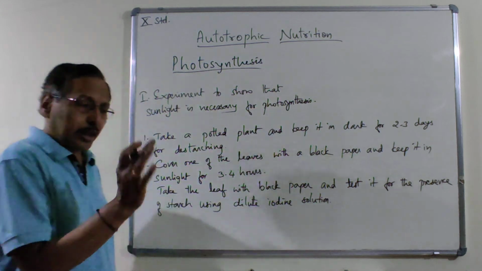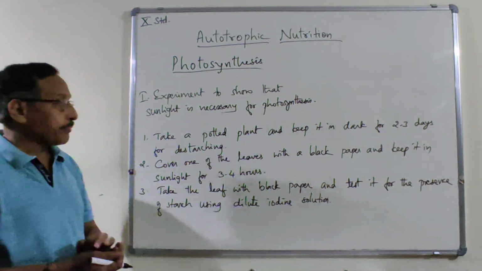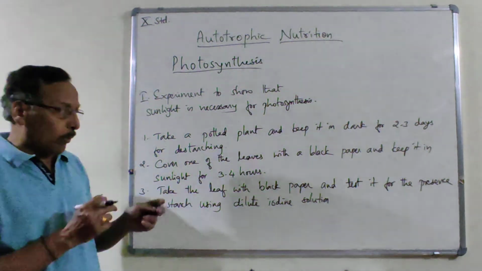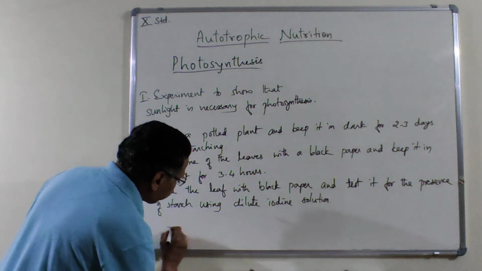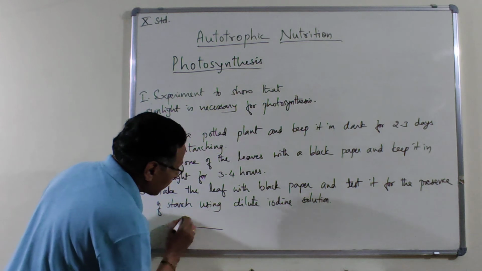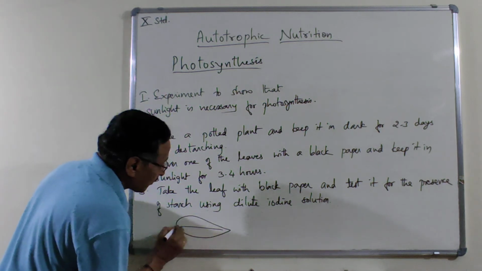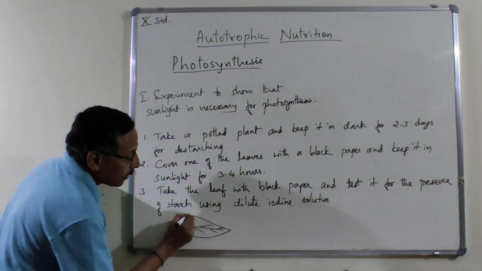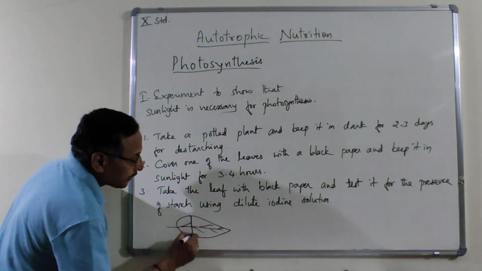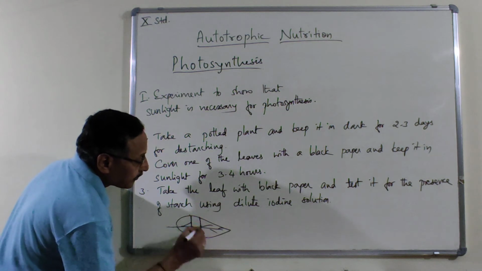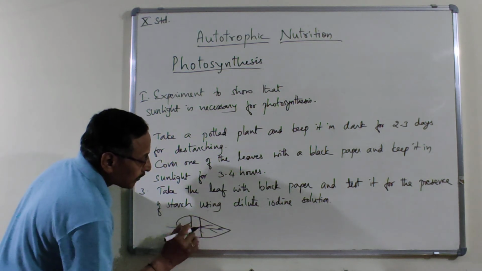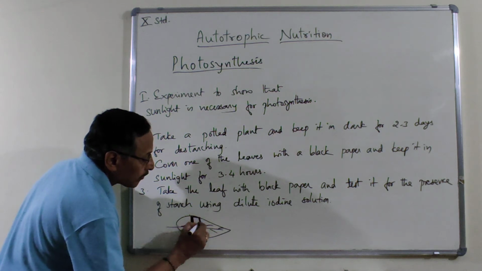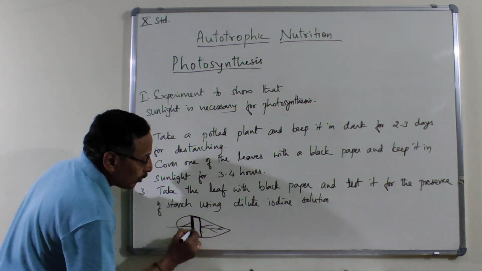What you are doing? You are taking a potted plant, keeping it in dark for 2-3 days. Then one leaf you are covering with a black sheet of paper. Why you are covering it?